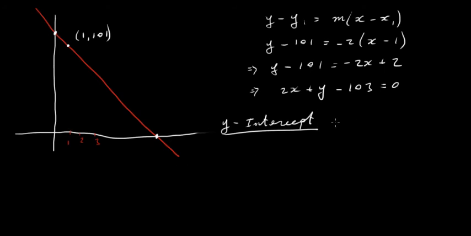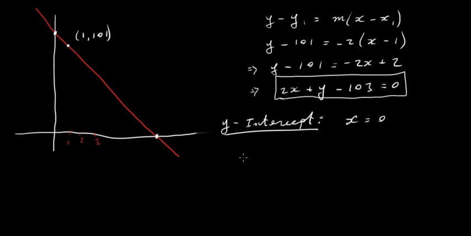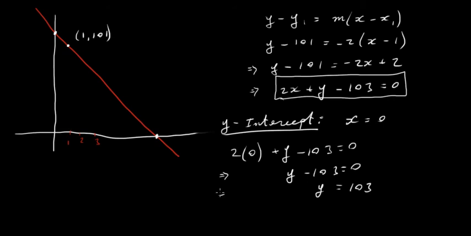At the y-intercept, x is equal to 0. Remember this is the equation of our line. So we've got 2 times 0, plus y minus 103 equal to 0. That gives me y minus 103 equal to 0, so y is equal to 103. So the y-intercept is (0, 103).